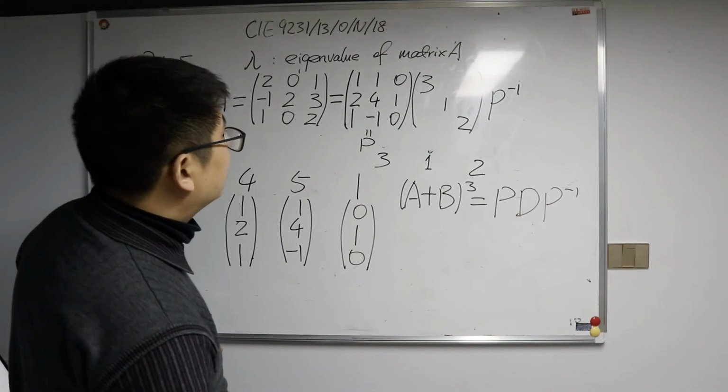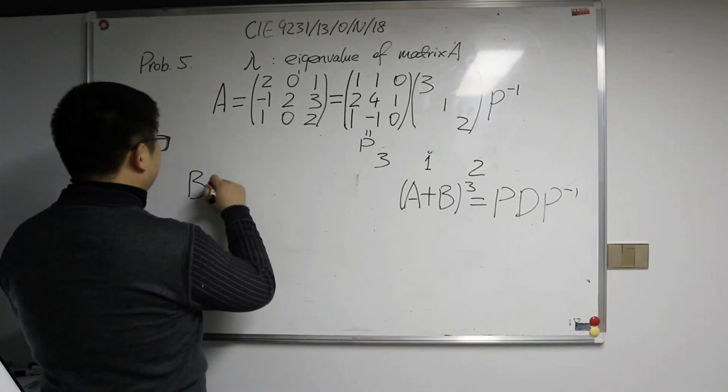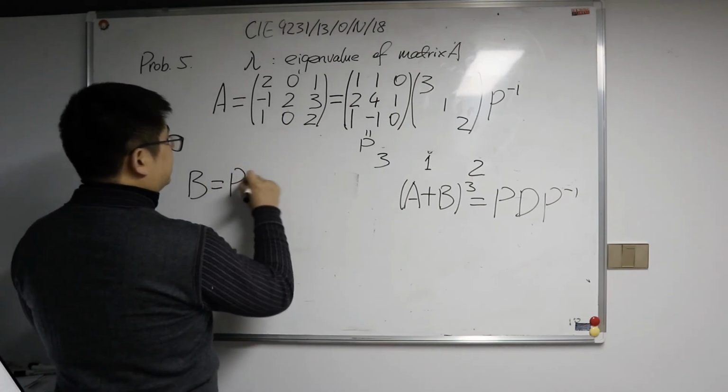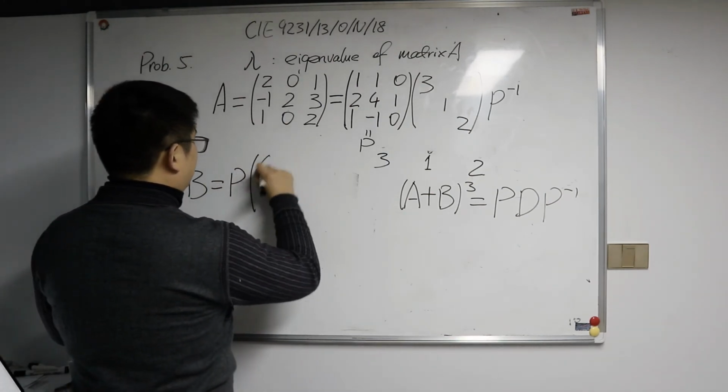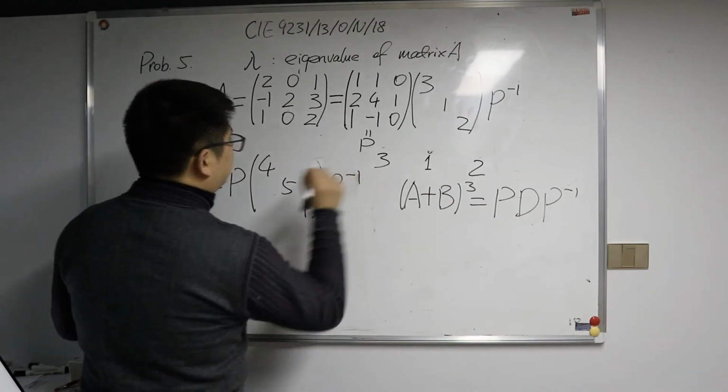Okay, and so B correspondingly is P, but with a different diagonal matrix, like this.